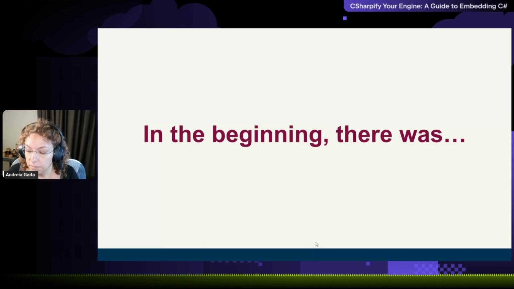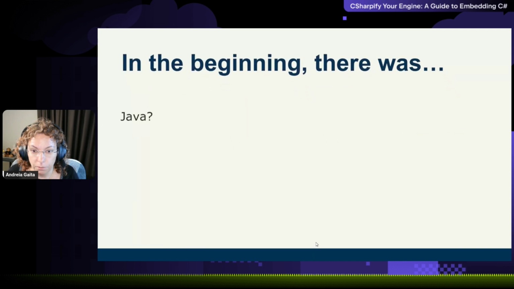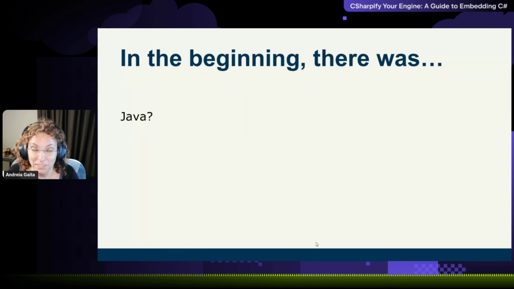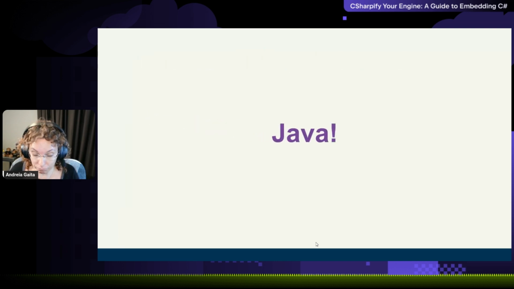Let's get a story going, and let's start with Java, because why not? So Java appeared in the world in 1995. It exploded in the world, not necessarily appeared then, but it exploded, and it was all the rage back then.